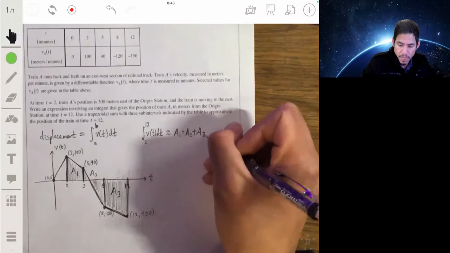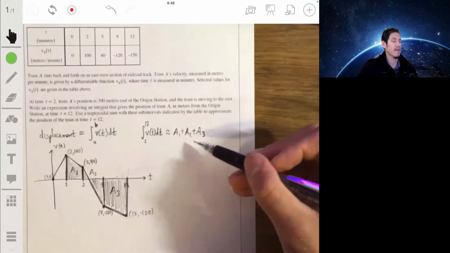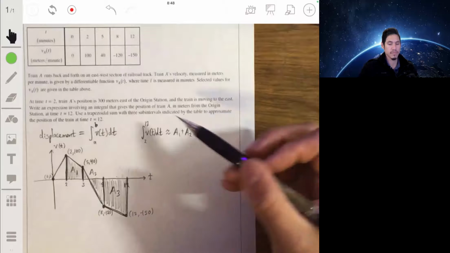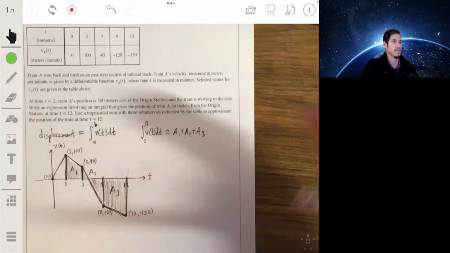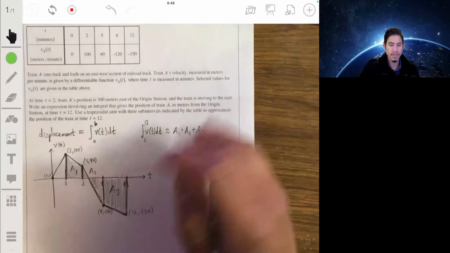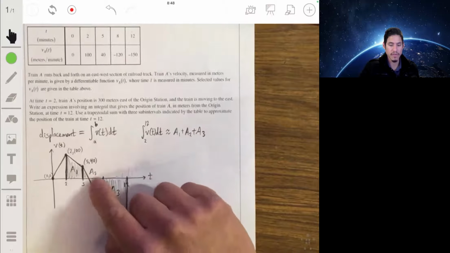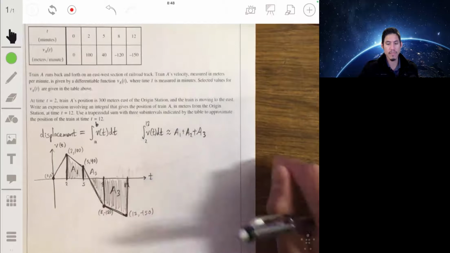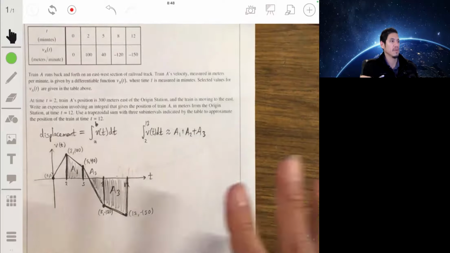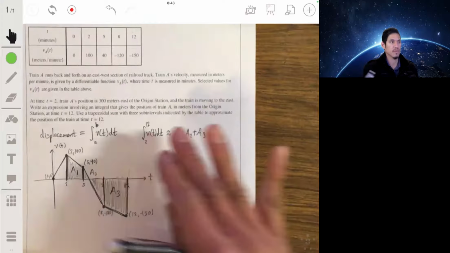Again, I'm going to say that we can have negative area, to make this easier to understand. So A2 is positive here and negative there, and A3 is a negative quantity. So we add those three, and we'll get an approximation for this integral.